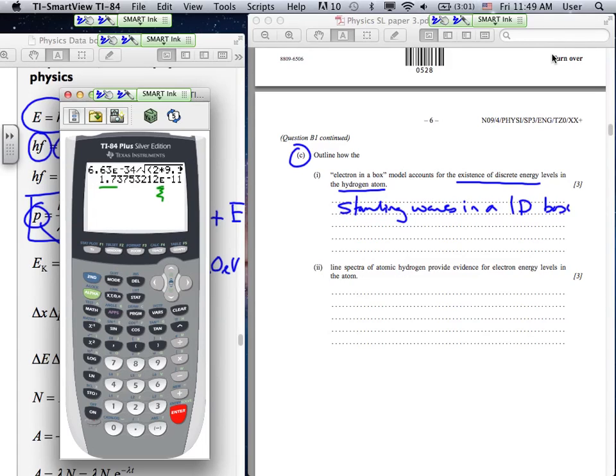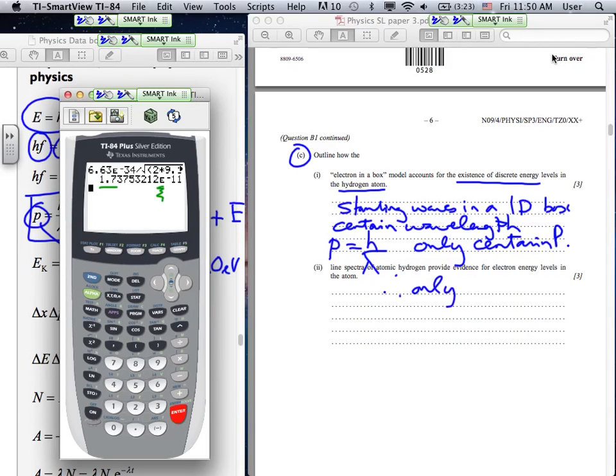And because of that, you can only get certain wavelengths. Now, from our formula, that p is equal to h over lambda means that you only have certain momentums, only certain p's, and therefore only certain energies. Because remember, we can write that your Ek, your energy, is equal to p squared over 2m. So if these are only certain amounts, then you get only those.